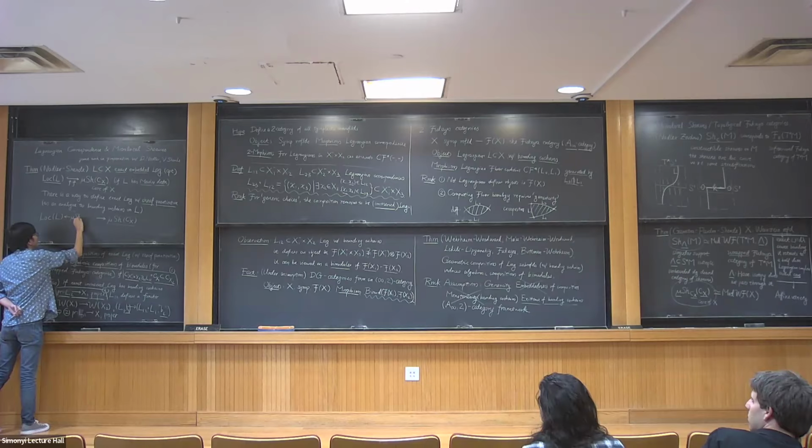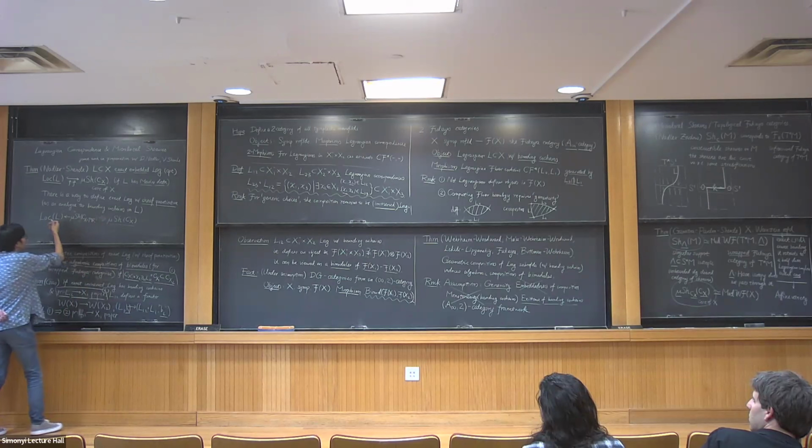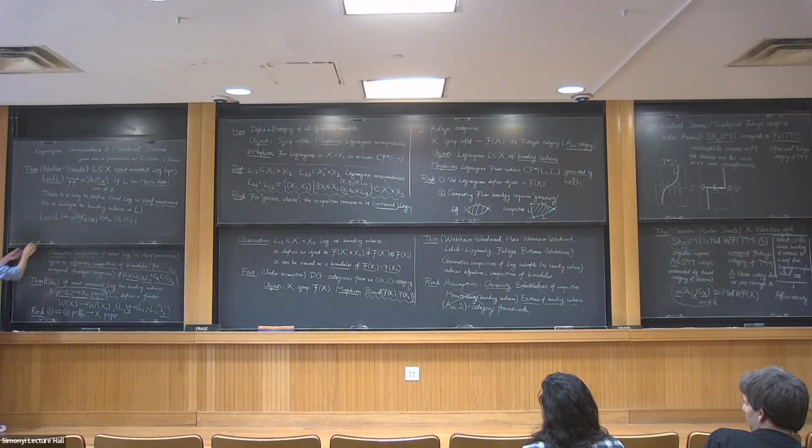The sheaf quantization lives inside the core of X times T*R together with a boundary condition specified by L. So what does this mean?